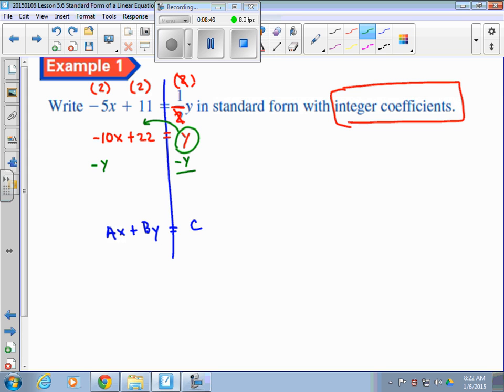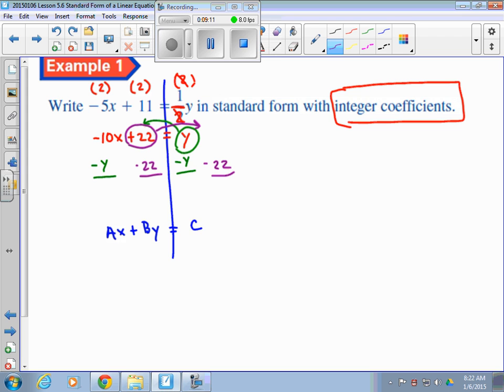Now, there's no y's to subtract by on the left. So just like anything else, when you can't add or subtract it, all you can do is write it next to the other ones. In the same line, though, so we don't have to waste a step, we want to make it say equals c on the opposite side. So that says plus 22. We'll subtract 22 on that side. If you subtract it on the left, subtract it on the right.